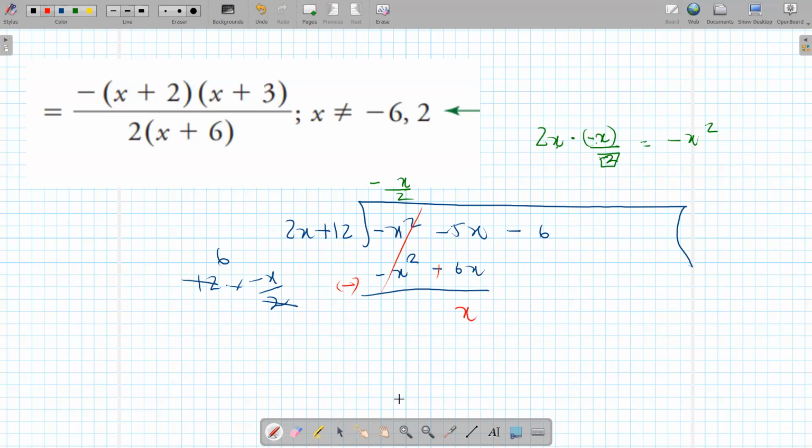What now? What goes up here? It's going to be a fraction. I'll give you a hint. 2x times something is x.